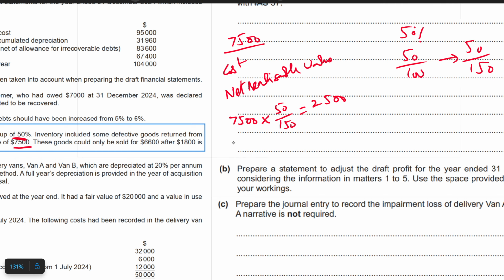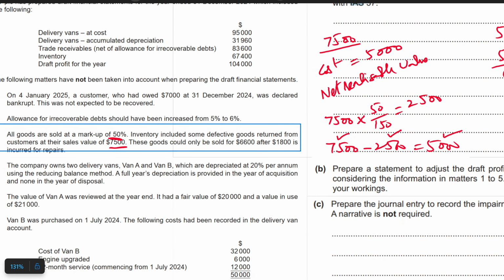So the cost of that inventory is 7500 minus 2500, that is 5000. 7500 is the sales price, 2500 is the profit that was added, and so the cost is 5000. So students, the cost of that inventory is 5000. Now let us try to find out its net realizable value. It can be sold at 6600.